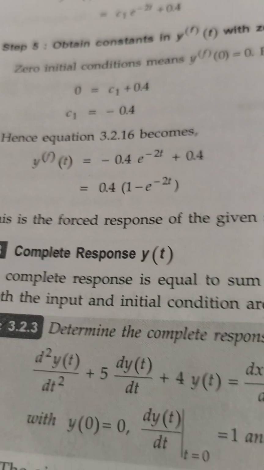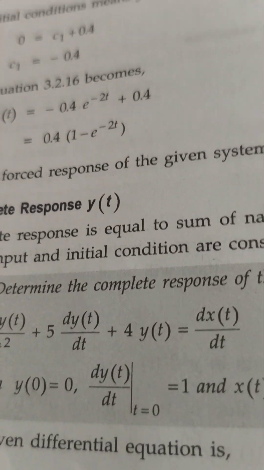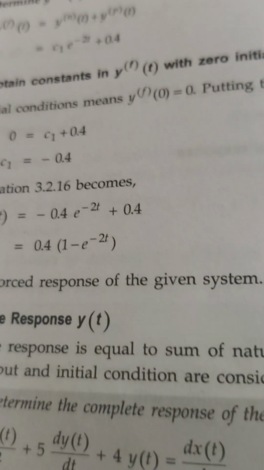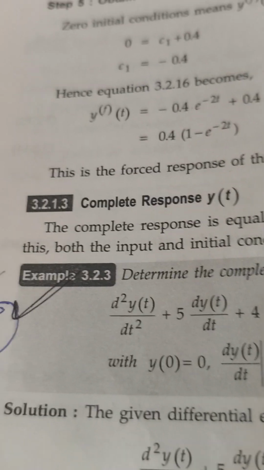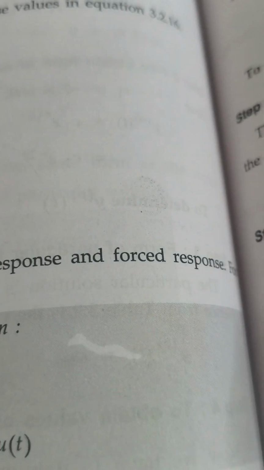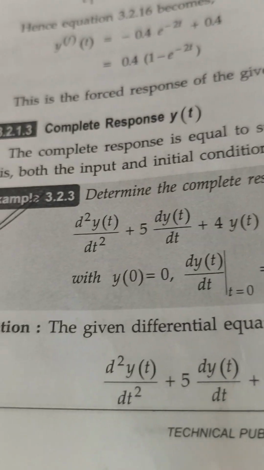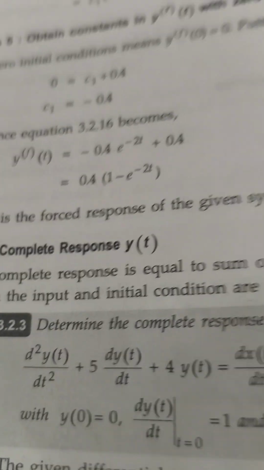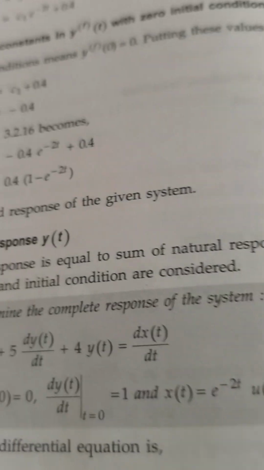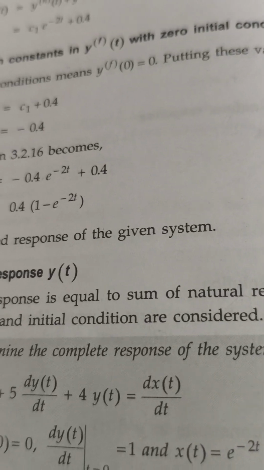The complete response is the sum of the natural response and the forced response. If they give such equations, you find the natural response and the forced response, and the sum of them is the complete response.